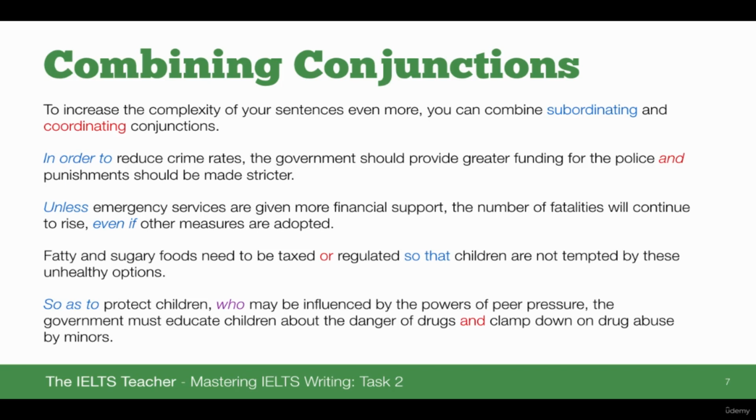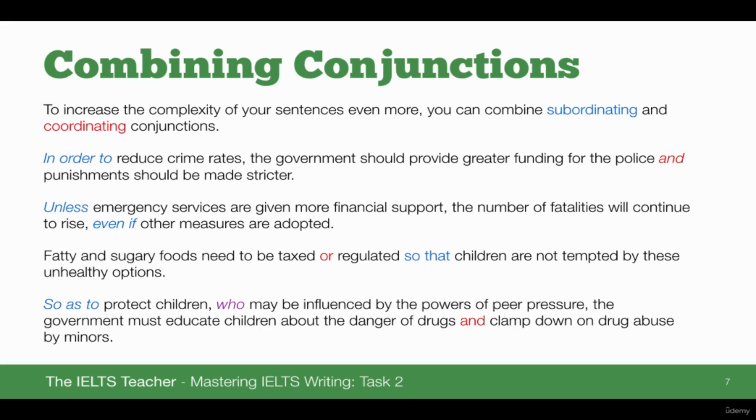So as to protect children who may be influenced by the powers of peer pressure, the government must educate children about the danger of drugs and clamp down on drug abuse by minors. Now this is a very complex sentence. There's quite a lot of things going on here. First of all, we have a subordinating conjunction, so as to protect children, that introduces the dependent clause. This is followed by something we haven't really looked at yet, and that is a non-defining relative clause which uses the relative pronoun who.